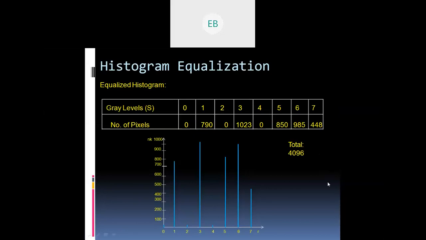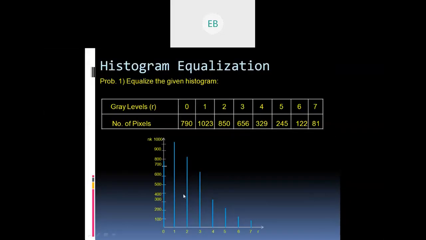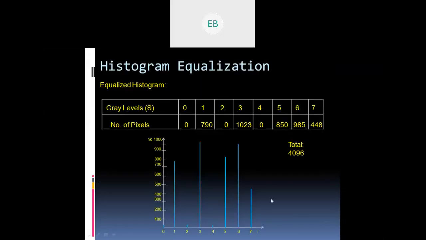Suppose this is one graph, second I will give you this graph, and 3 and 4 will be some other graphs. So you have to calculate and take out the correct graph. It may be this, it may be this, and two more options will be there.